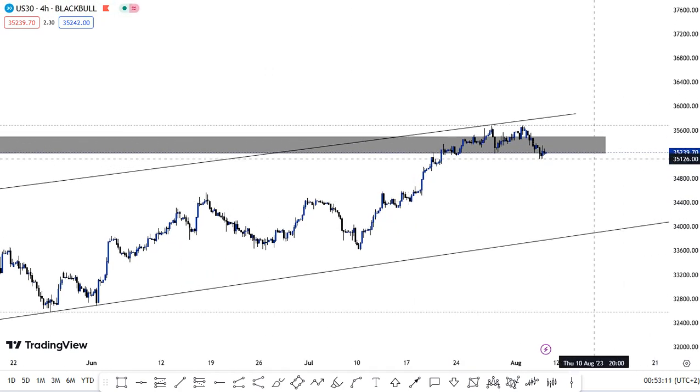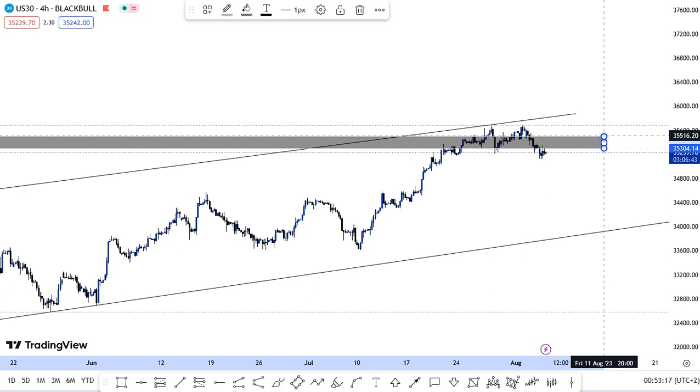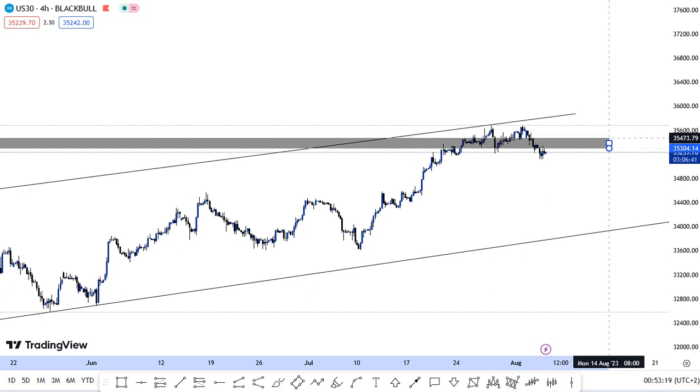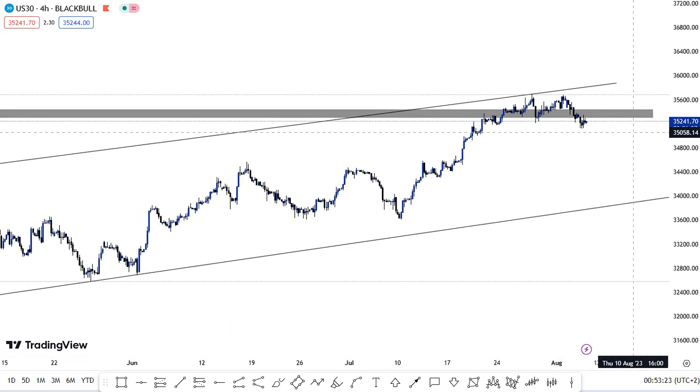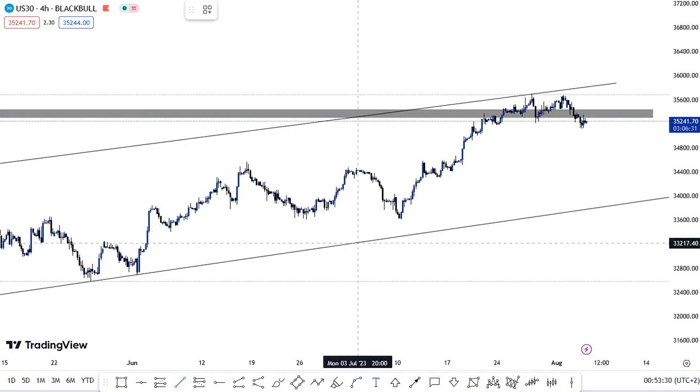So let me adjust these ones like this. Yeah, this is a proper one. So I'm gonna create a major key here.